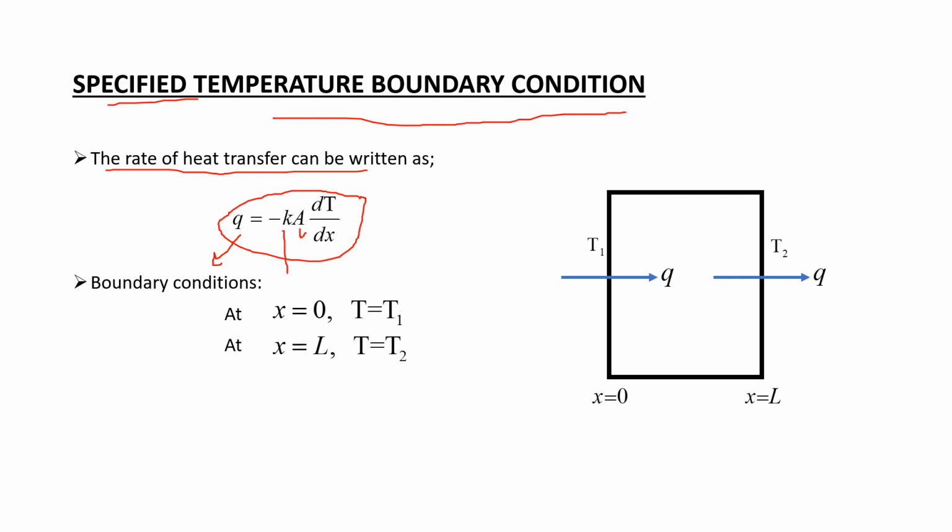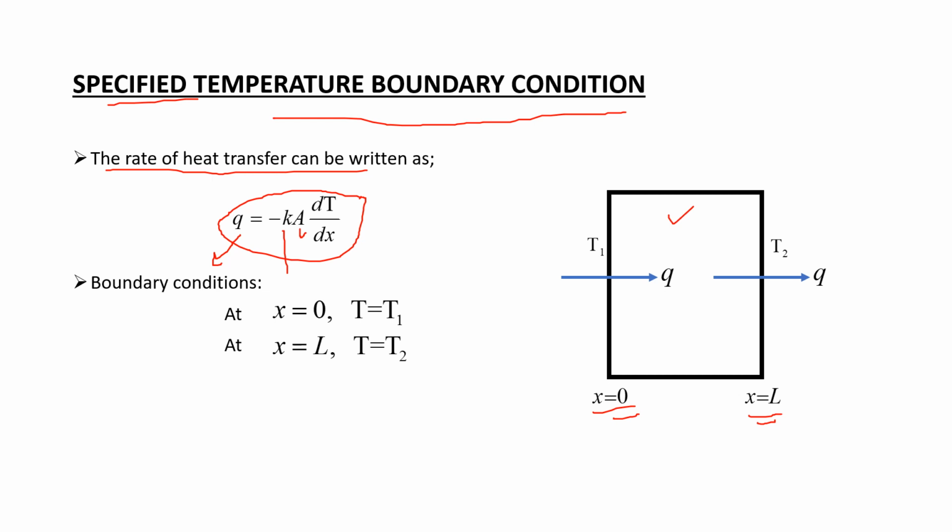Now let's look here. Suppose that this is the slab, and it has two boundaries, one at x is equal to 0 and the other at x is equal to L. Suppose that at x is equal to 0 the temperature is given as T1, and at x is equal to L the temperature is given as T2.